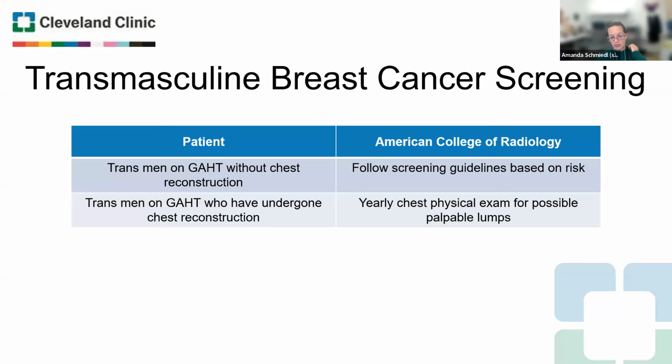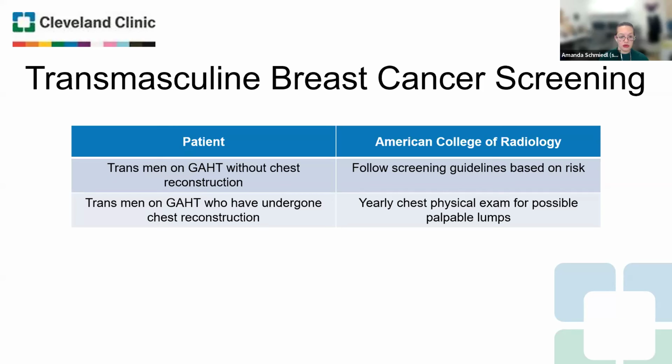That would be breast mammography starting at 40 for low risk patients, or earlier for those with high risk based on previous chest radiation or family history.